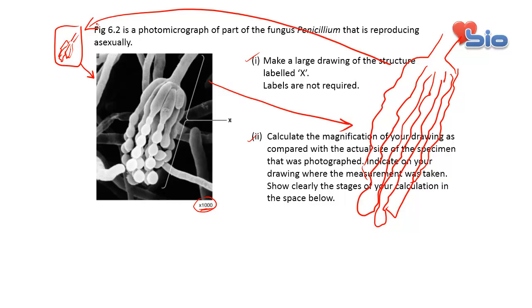Okay, let's go. It says indicate on your drawing where the measurement was taken. So let's assume we've done this and you've marked this and you've measured this, let's say, as 100 millimeters. I'm just taking numbers that are going to be easy for us to calculate for now. And you are also measuring this bit and you find out this is 50 millimeters.